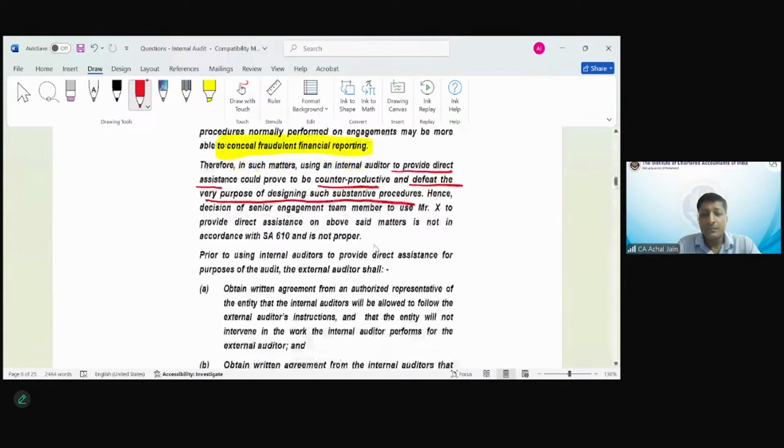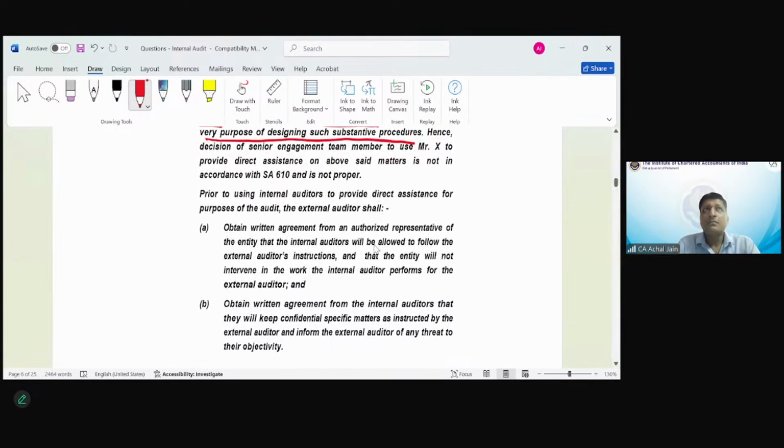Further, let's suppose some sort of involvement is required on the part of the internal auditor. What are the formalities? Obviously, this has to be authorized. Yes or no? Yeah. Because if you are planning to engage someone, obtain a written agreement from an authorized representative of the entity that the internal auditor will be allowed to follow the instructions of the external auditor, because then he'll be playing a part as a team member of the statutory auditor.